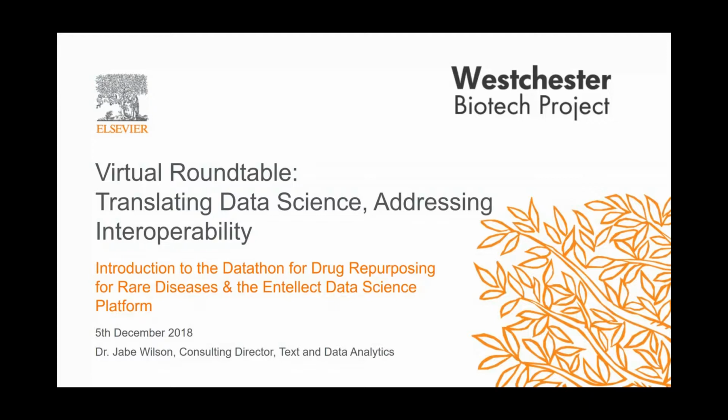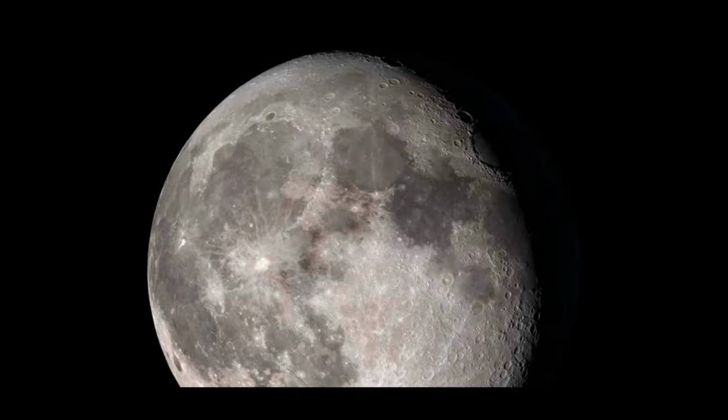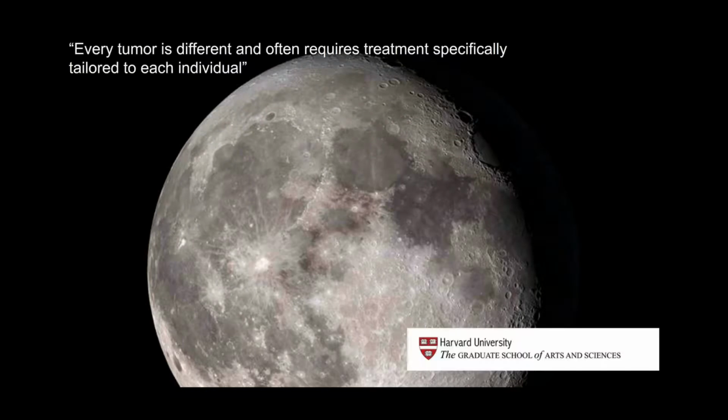So I'm going to quickly run through some slides that I've presented at some conferences recently to give you some insights to the work we're doing. So I start off by talking about the moonshots, the Obama-Biden cancer moonshot. And I really like this quote from Harvard, putting this into context, that actually a moonshot is a bit misguided in the sense of one trajectory and one objective.